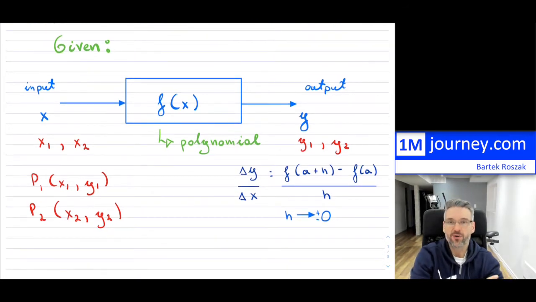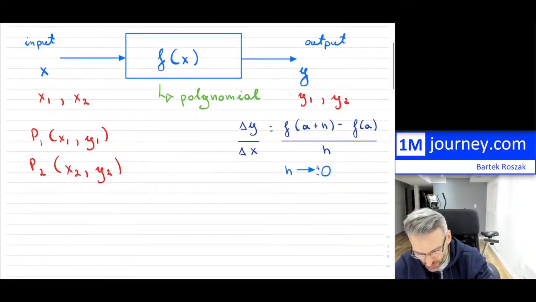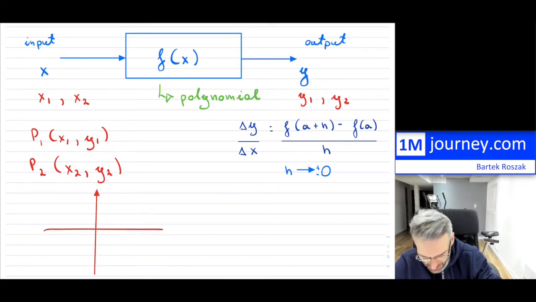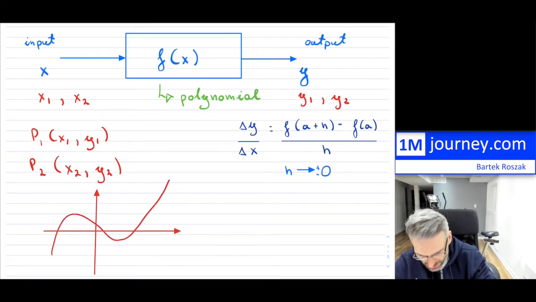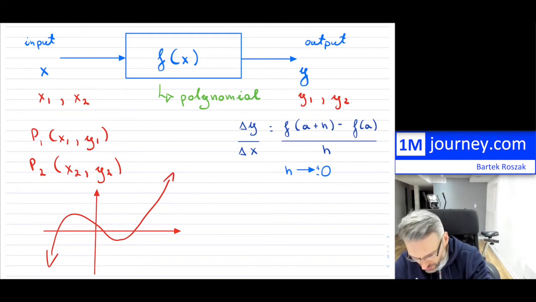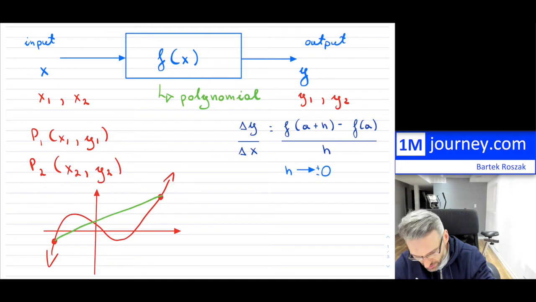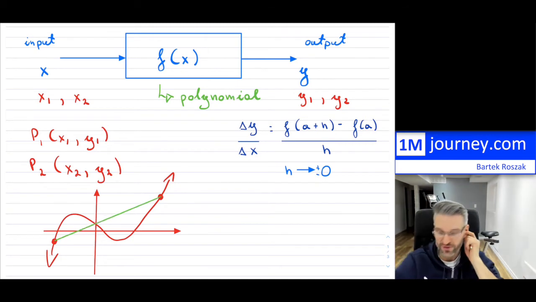Now, if you want the average rate of change, or the secant, between those two points, wherever they land, say we have our y-axis and x-axis, and here's our function, graphed like a polynomial. Let's say this is x1 and this is x2. To find the secant, you connect the two points and find the slope.